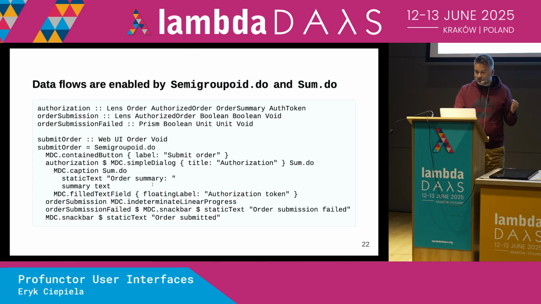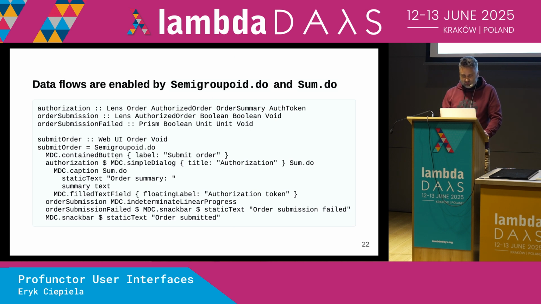Data flows are enabled also by the semigroupoid do and sum do composition. So here we have an example again with MDC UI components, and it's glued with semigroupoid do, so the data flows line by line. So first we have a web UI which takes an order, and the order comes to the contained button.